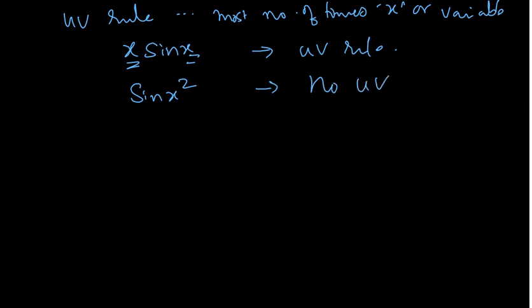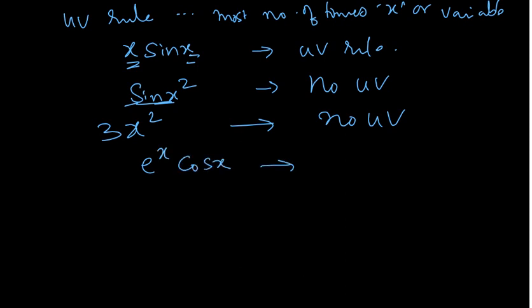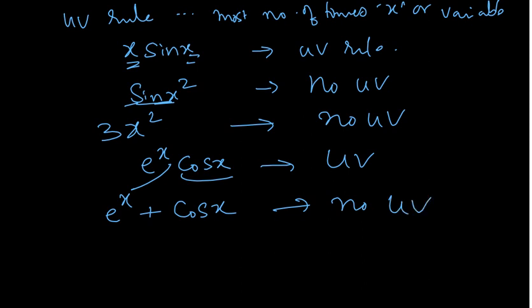No UV, because 2 times function is not there. For example, I have 3x square. No UV rule. Okay, differentiation, no UV rule. I have e power x cos x. Yes, UV rule, because this is one function, this is another function. Next, e power x plus cos x. No UV rule. I should say number of times x coming, and that's also multiplication.